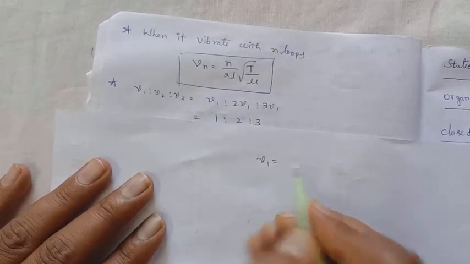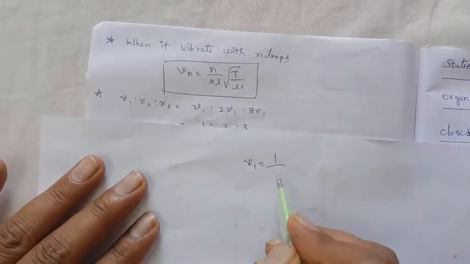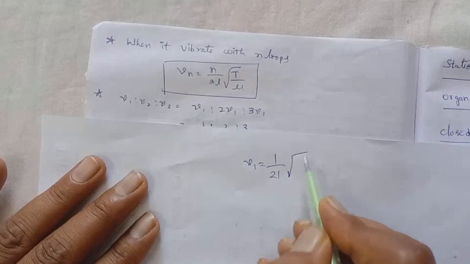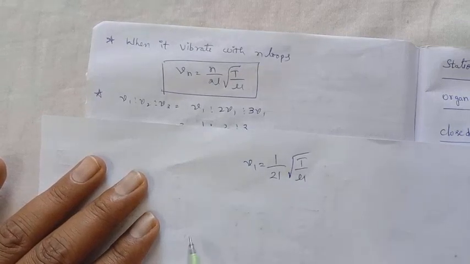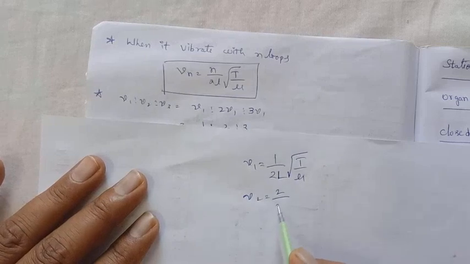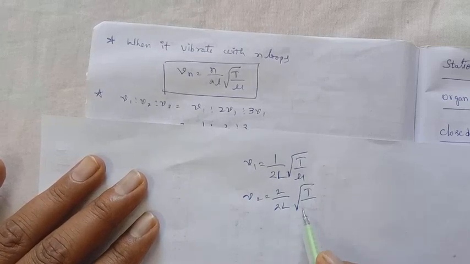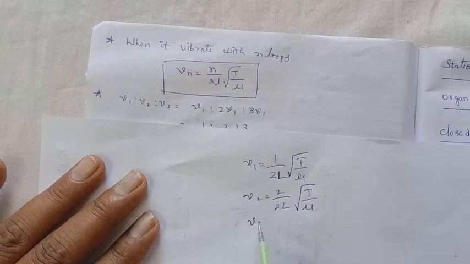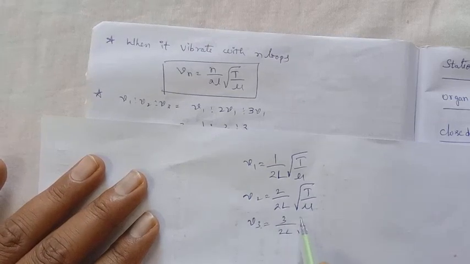Nu 1 is equal to 1 by 2L under root of T by mu, nu 2 is equal to 2 by 2L under root of T by mu, and nu 3 is equal to 3 by 2L under root of T by mu.